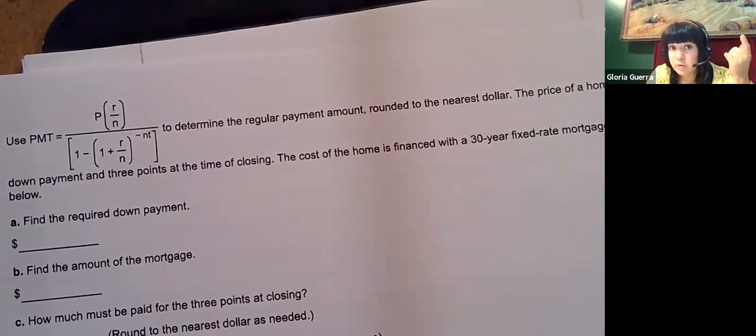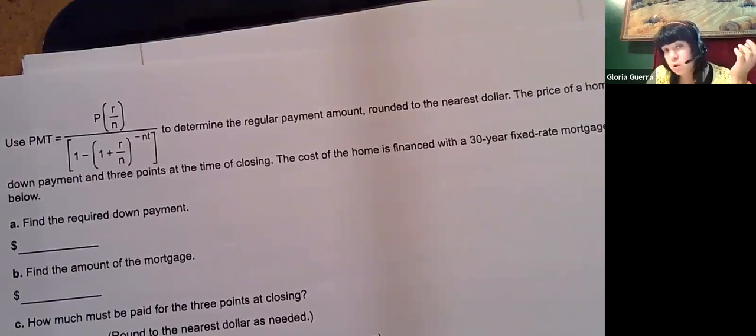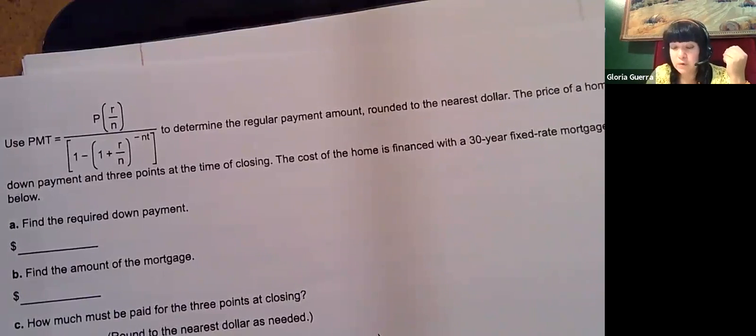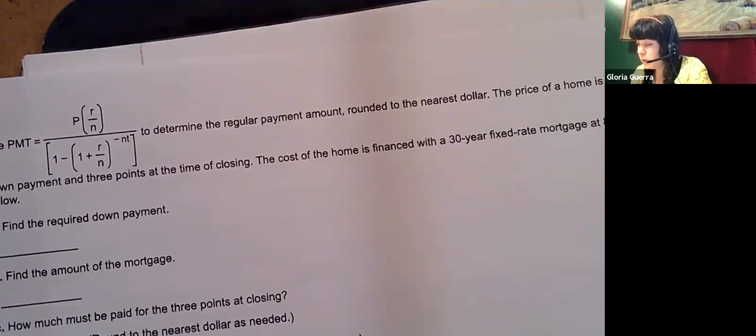You multiply by 0.03. But that goes to the lending institution. So you're being charged for using their institution, and that money doesn't come off your mortgage payment. You're paying the lending institution for loaning you money.